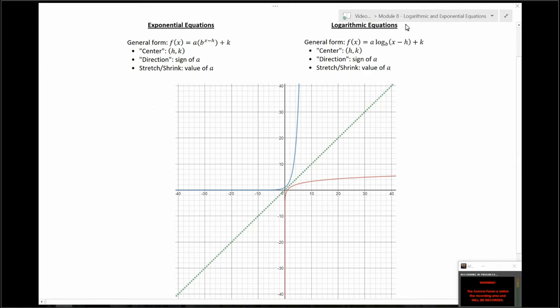Now, the logarithmic function is what we call the inverse. It's kind of a flip. If we're thinking about exponential functions, we can see here our domain is going to be from negative infinity to infinity. We can put in anything that we want for x.